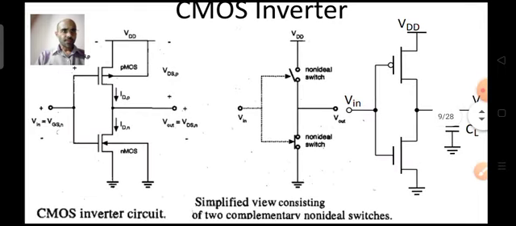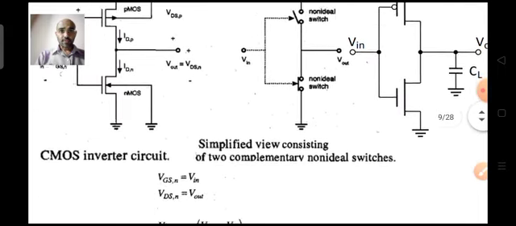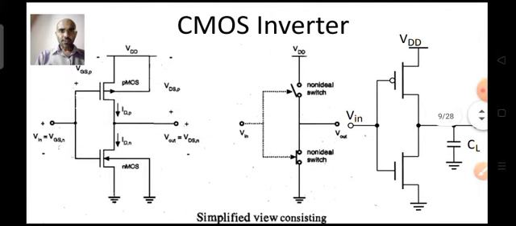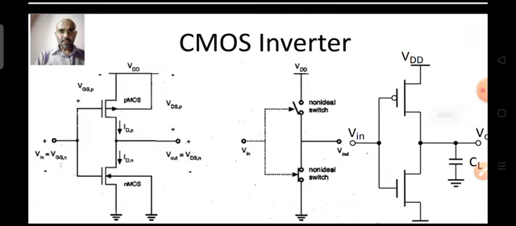So as I was discussing, VGSP. See how you will write VGSP. VGSP is equal to gate to source, so gate minus source, VG minus VS. So VG is your Vin, and VS is your VDD.